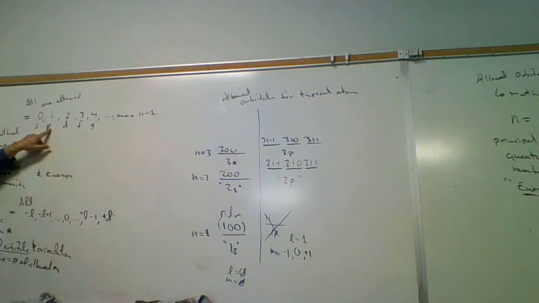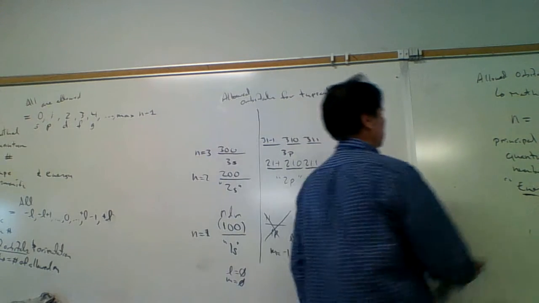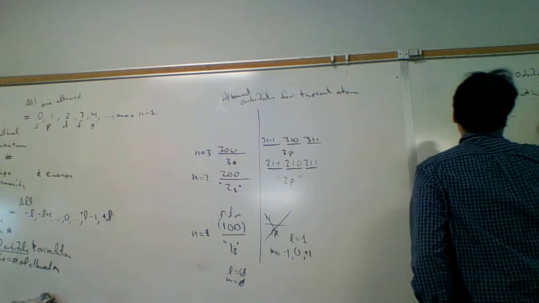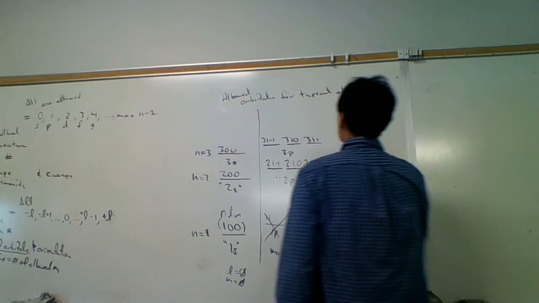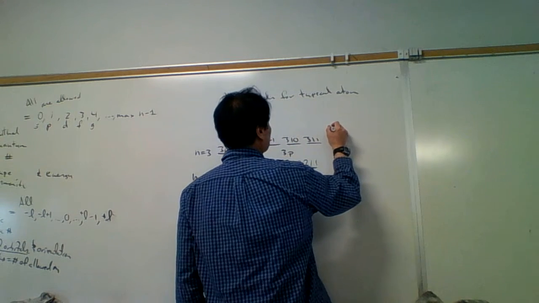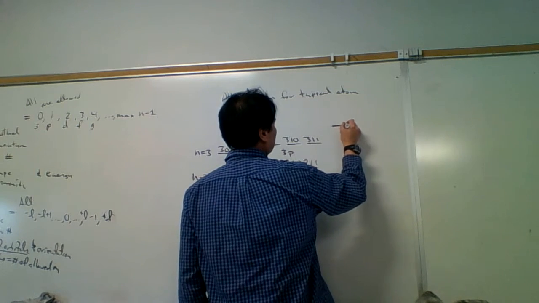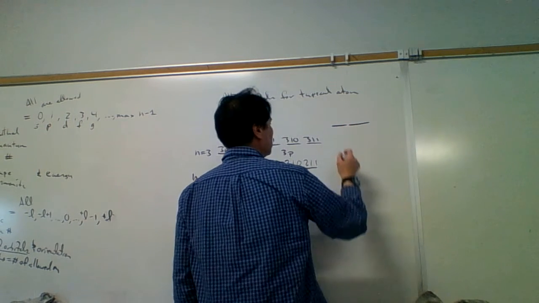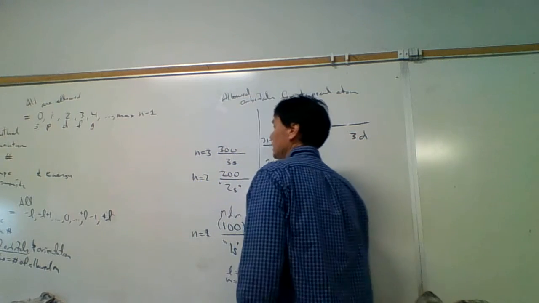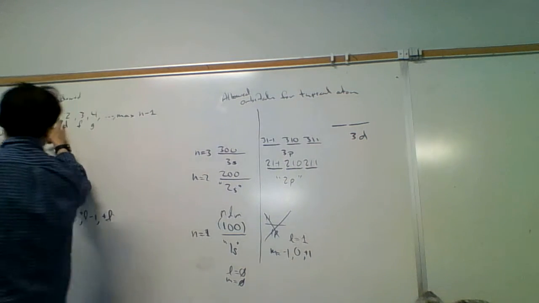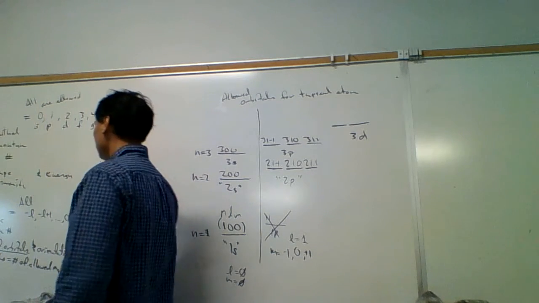And I'm allowed an L equals 2. L equals 2 will be a little higher in energy here, so I'm going to make it a little higher. L equals 2 is called 3d. So if I have 3d, what are my allowed M values?